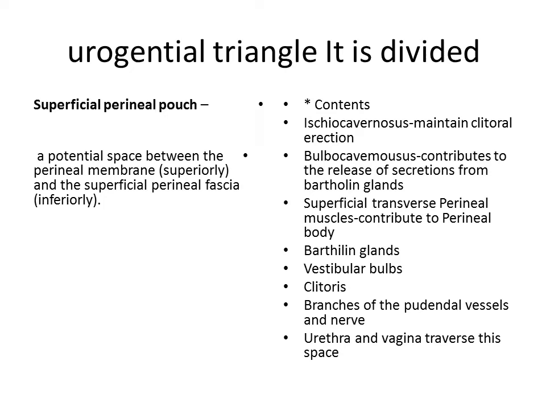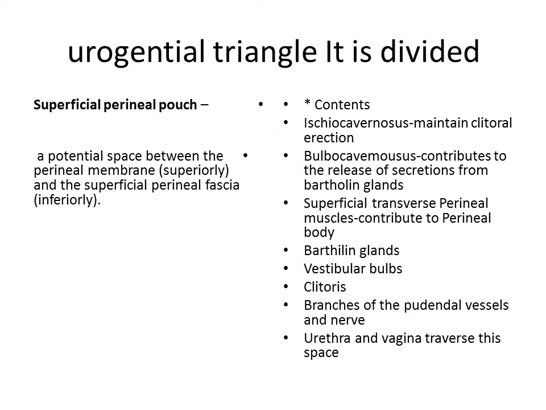Contents of the superficial perineal pouch: ischiocavernosus, which maintains clitoral erection; bulbospongiosus, which contributes to the release of secretions from the Bartholin glands; superficial transverse perineal muscles, which contribute to the perineal body.